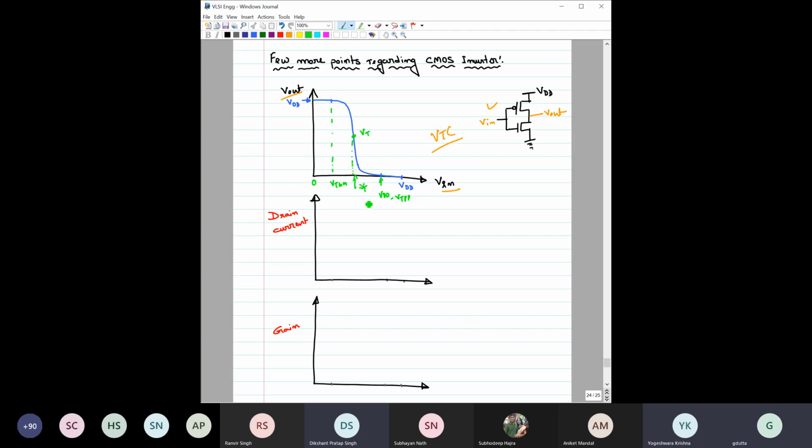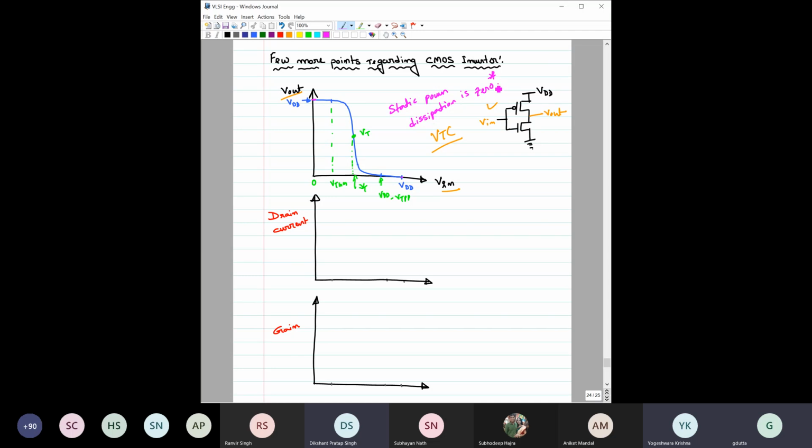We have also noticed that there is no static power dissipation, because the highest voltage is VDD, the lowest voltage is 0, and when the PMOS is on, the NMOS is off, and vice versa. So there is no static power dissipation, 0.